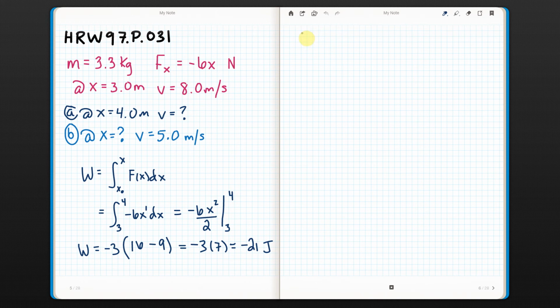All right. Well, my initial kinetic energy is 1/2 m initial velocity squared. Okay. So that is 1/2 times 3.3 times initial velocity was 8, so 8 squared is 64, and I end up with initial kinetic energy is 105.6 joules.